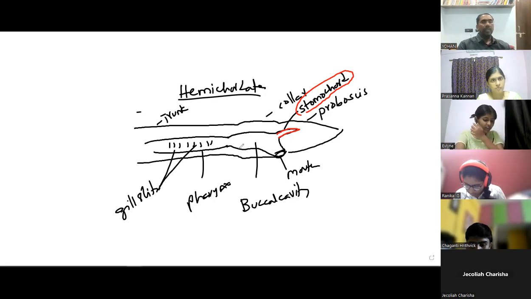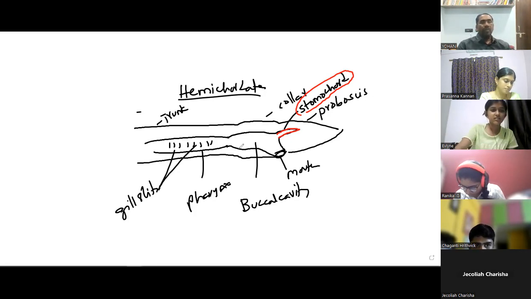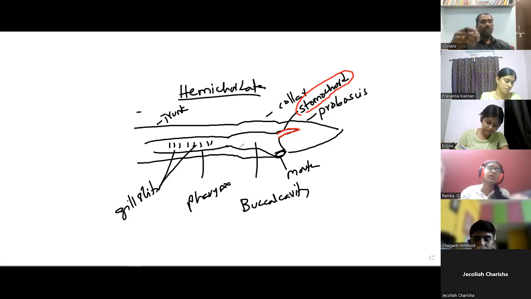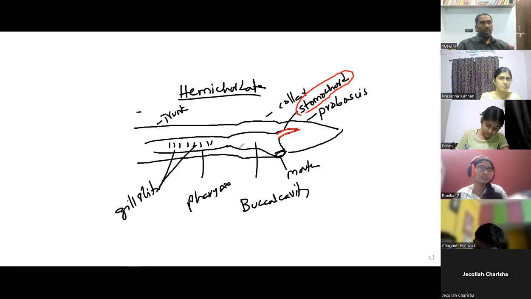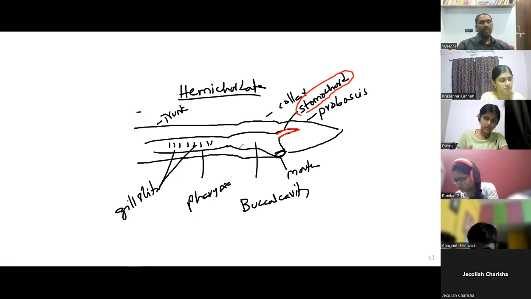Excuse me, sir. In the textbook, it's written that hemichordates have a rudimentary structure. So what does that mean, sir? Rudimentary means initially developed or somehow underdeveloped structure. Read those lines.